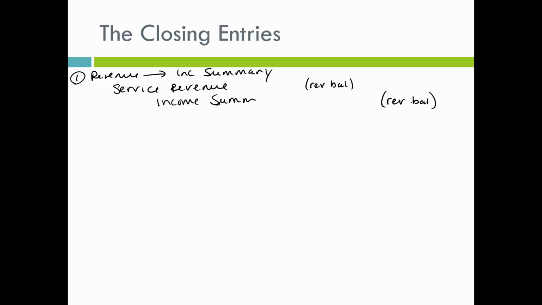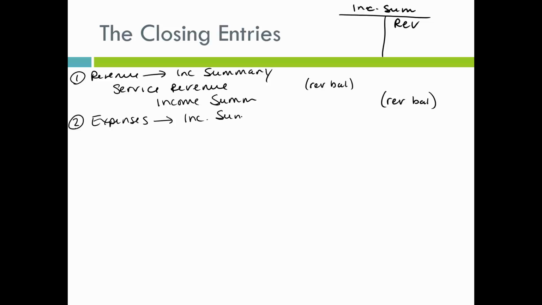Again, these numbers are just coming off of your trial balance or your ledger accounts. So if I did that, here's my T account for income summary, and I credited that for the amount of the revenue balance.